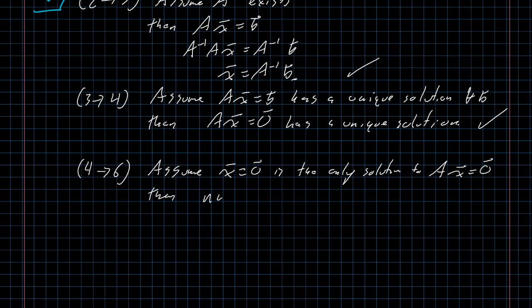Then the nullity of A, the set of all vectors which are solutions to the homogeneous system, is the 0 vector. And as we showed not too long ago, or talked about at least, the dimension of the set containing just the 0 vector is 0.